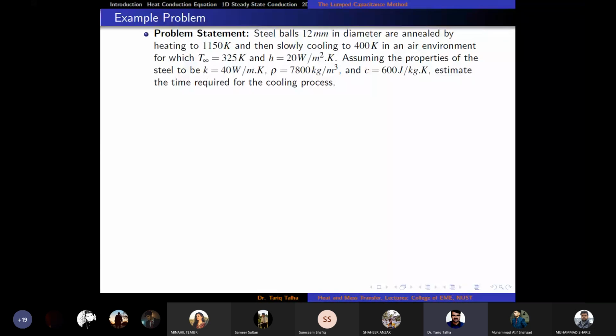So first of all we need to calculate the Biot number and see whether that value is less than 1. If we remember the definition of the Biot number, that formula was h Lc upon k. Now Lc in this case would be the characteristic length, which is equal to the volume of a sphere divided by the surface area of a sphere, right?